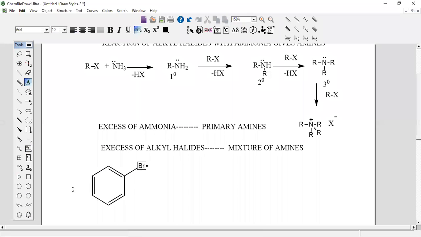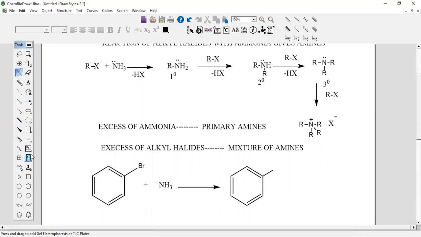When these aromatic halides are used with ammonia, you remember only one important thing: we will get only primary amine, not secondary or tertiary. This point you have to remember.